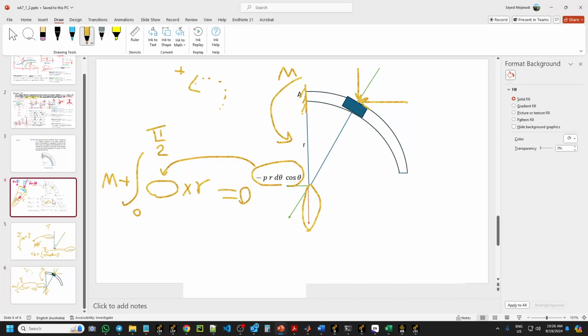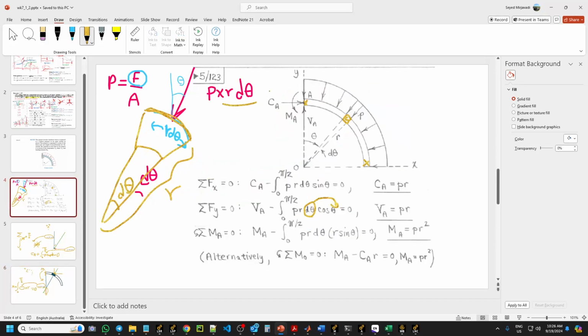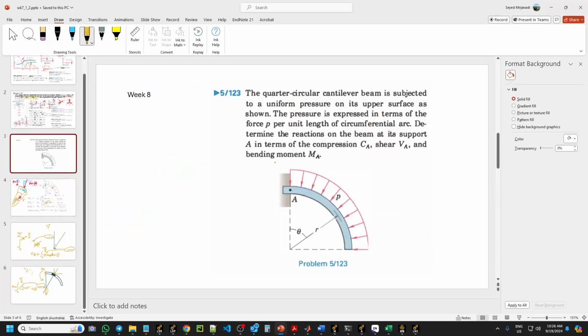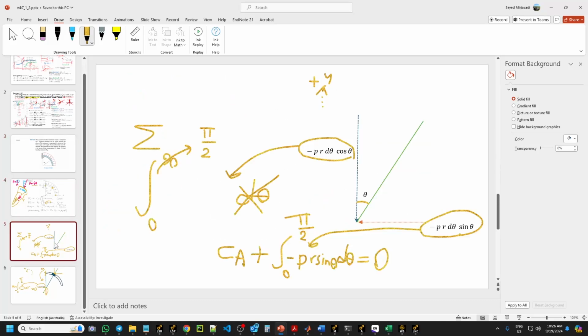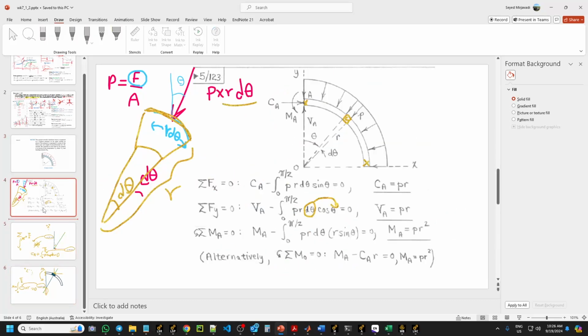Okay, another point I forgot to mention: when we have a beam here, and we have a wall here, instead of the wall or the support, you need to put AX, AY, and the moment as reaction forces and reaction moment. Okay, then you can find the integral, which is easy for you, I'm pretty sure.